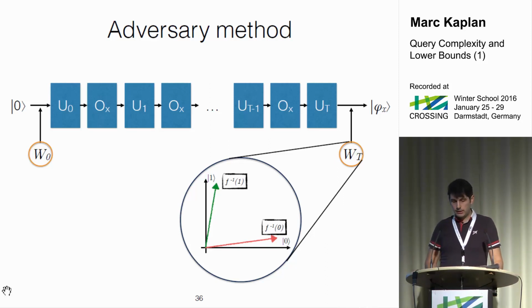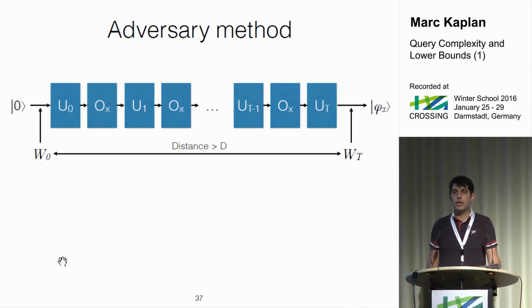Whereas if the value of the function on the input is 1, then I have to be very close to 1. So these two sets of inputs lead to almost orthogonal vectors. This is really what we want to measure.